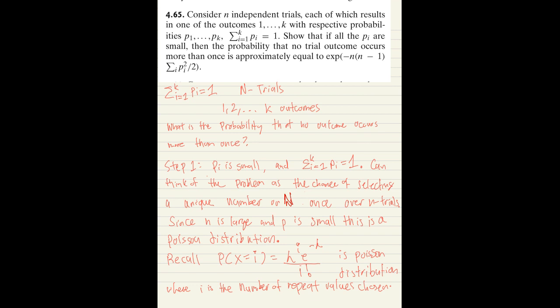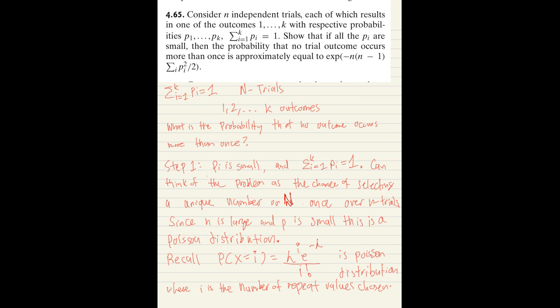So for this question, we are given n trials with respective probabilities p1 to pk, and pi is small. We're given the problem where no outcome occurs more than once is approximately equal to e to the minus n times (n minus 1) times the sum of pi squared, over 2.